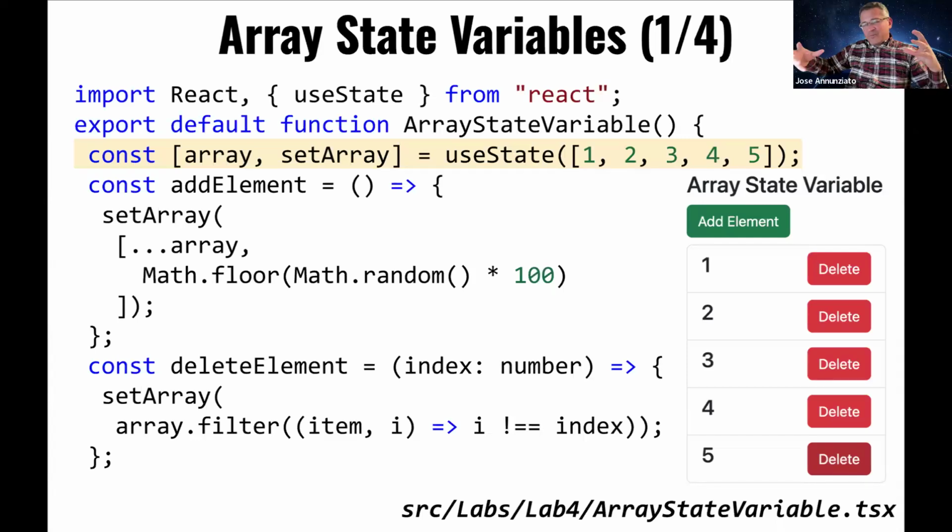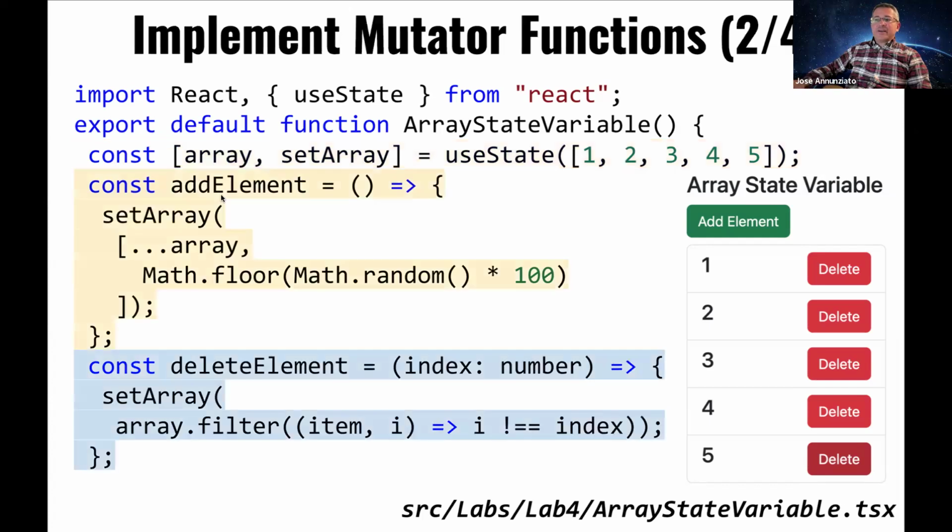But as you start working with more complex data types, like an array or even an object that contains arrays, and those arrays contain objects, well, now the operations start becoming more and more complex, right? So instead of just having a set array, oftentimes it's worth implementing dedicated functions that do different operations.